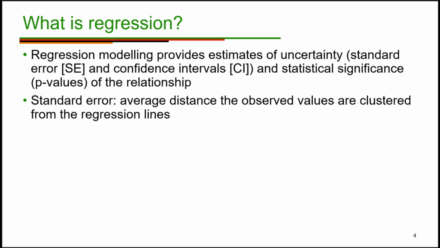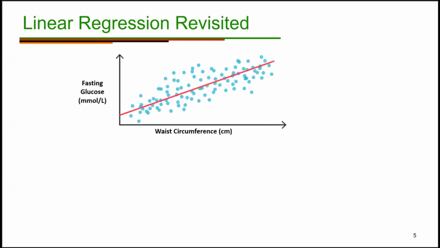And we have explained standard errors before, that basically they represent the average distance that the observed values are clustered around the regression line, to just summarize what that relationship would be.